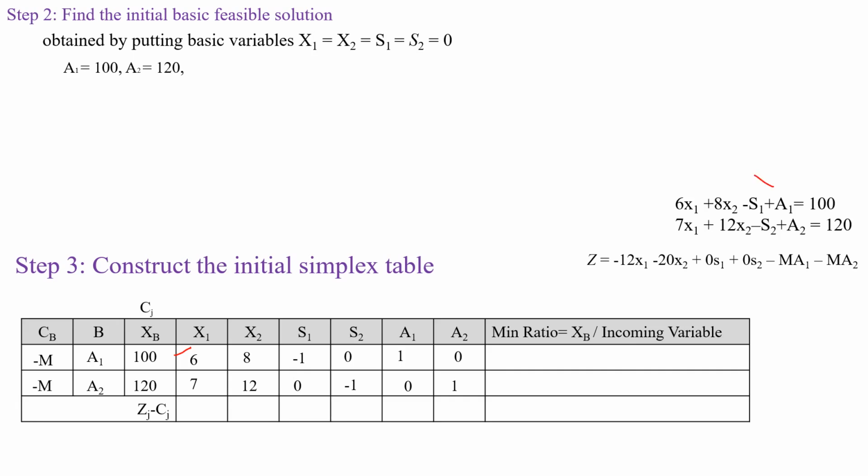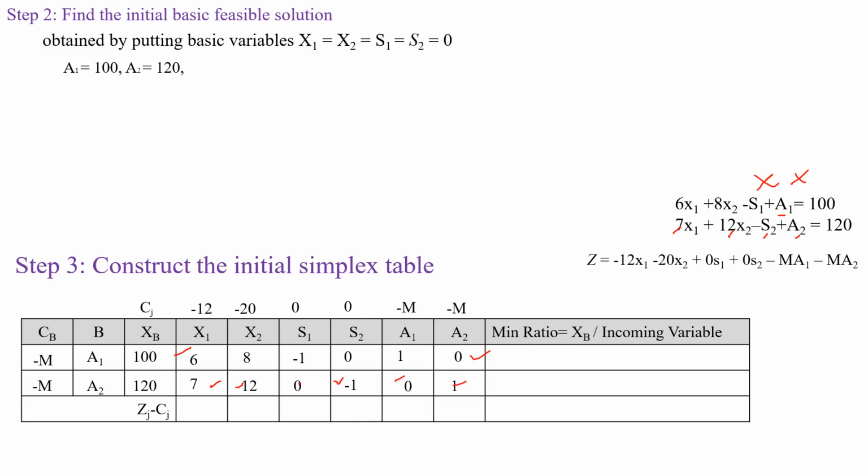There is no s2, so the s2 coefficient is 0, and 1 is the coefficient for a1. There is no a2, so the a2 coefficient is 0. Next, observe the second constraint equation, that is 7x1 plus 12x2 minus s2 plus a2 equal to 120, and we write the coefficients of the variables, that is 7, 12, 0, minus 1, 0 and 1.